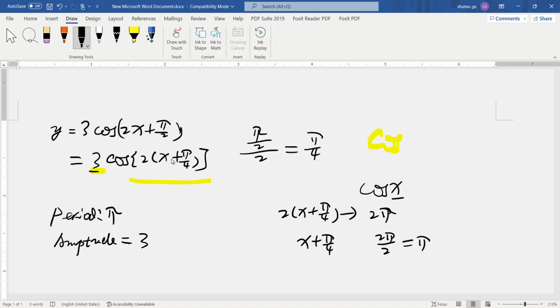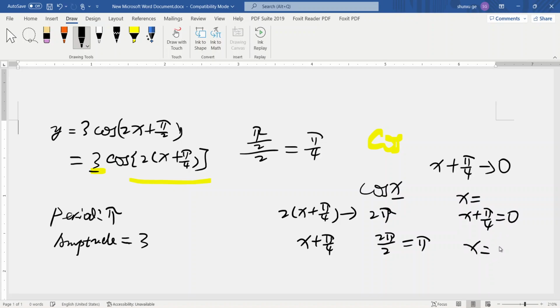So how about this one? The start point. Normally, a cosine x starts from 0, but now it's not from 0 again. So x plus pi over 4. Original should be 0, but now x plus pi over 4 equals 0.